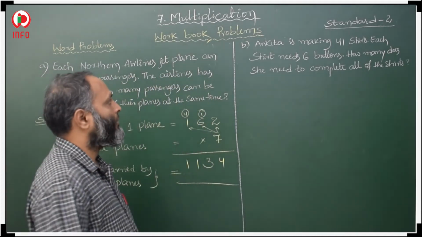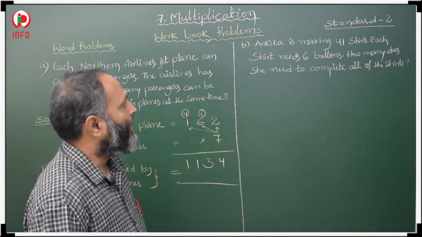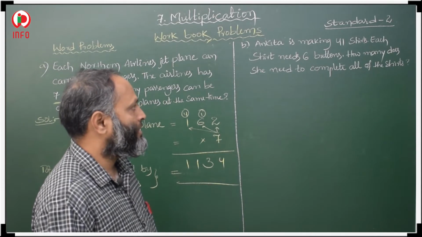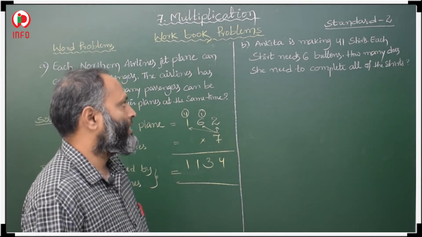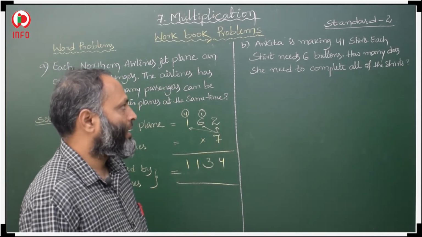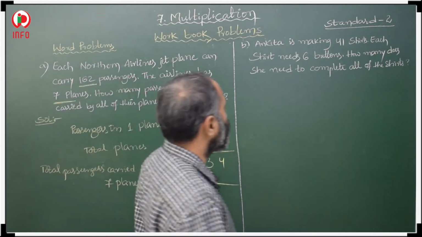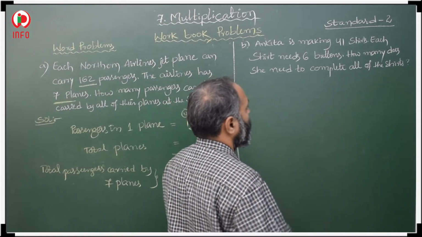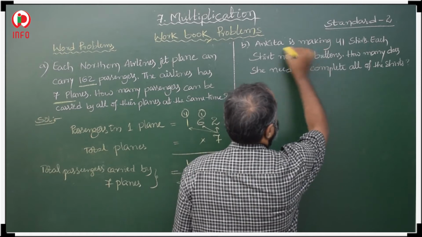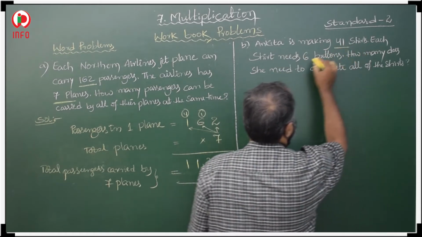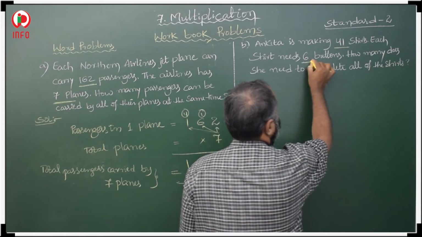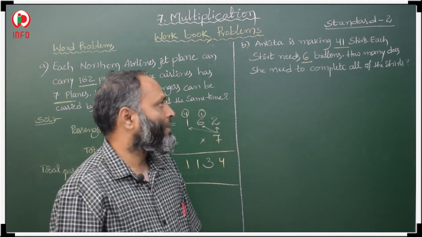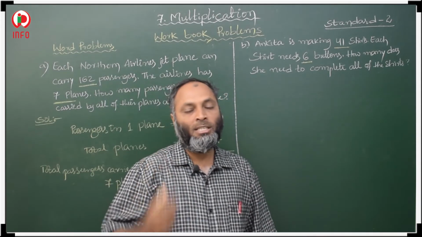Now the second question. Ankita is making 41 shirts. Each shirt needs 6 buttons. How many buttons does she need to complete all the shirts? Here, 41 shirts. In each shirt how many buttons does she need? 6 buttons.